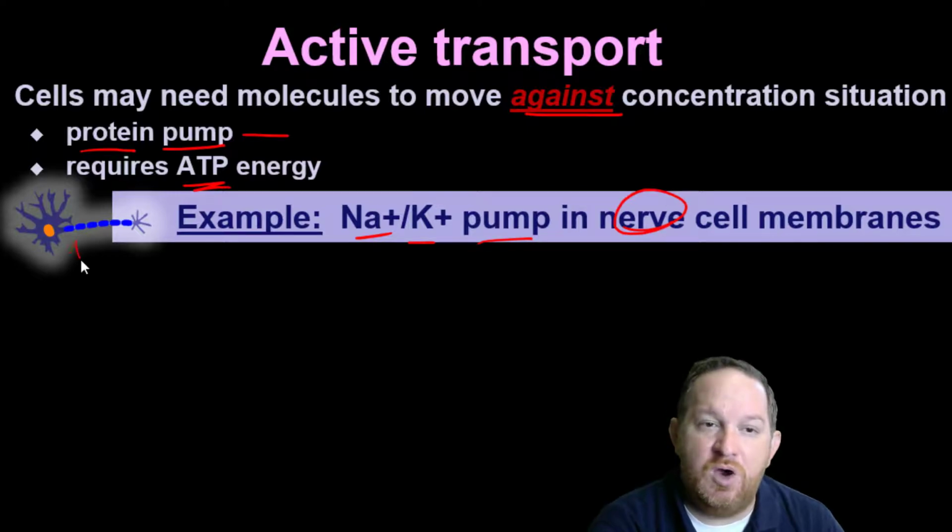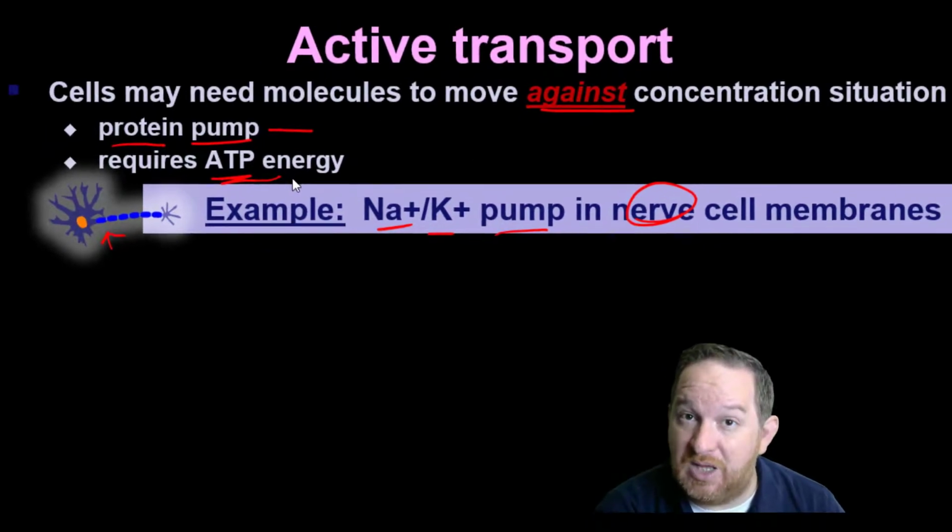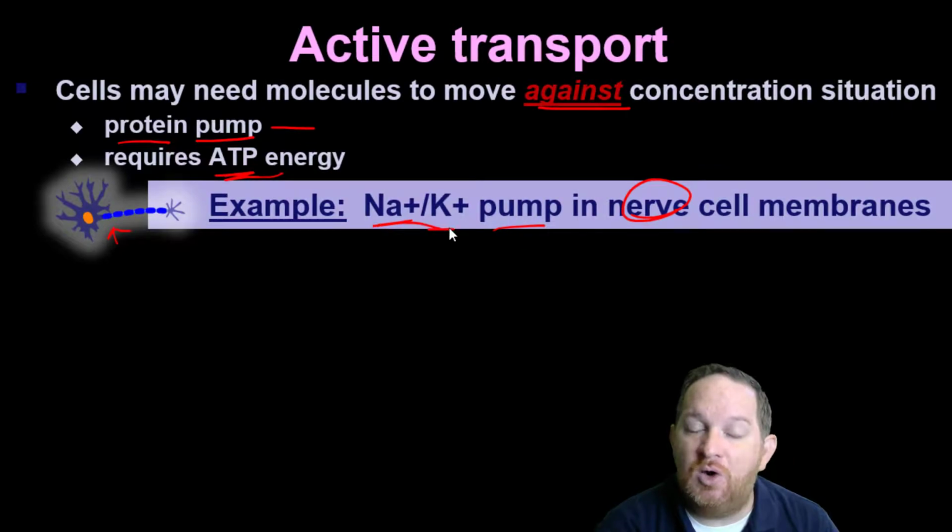So when your neurons fire, they send information. What happens is we need to reset that. So we need to pump the sodium and potassium ions back so that the neuron can fire again. So this process requires energy. That's why your brain uses a lot of energy to run this pump.